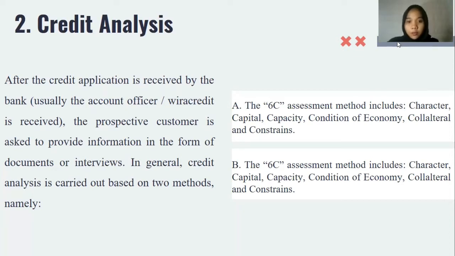First, the 6C assessment method, which includes character, capacity, capital, condition of economy, collateral, and constraints.